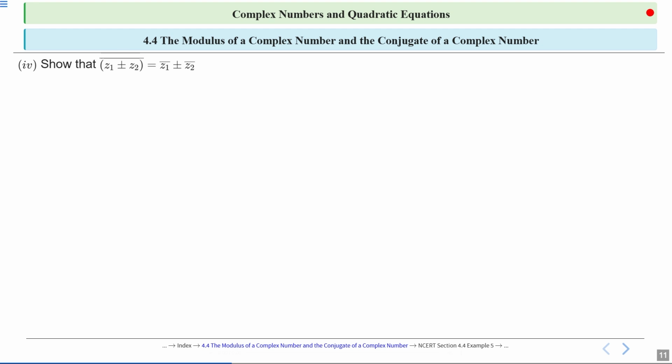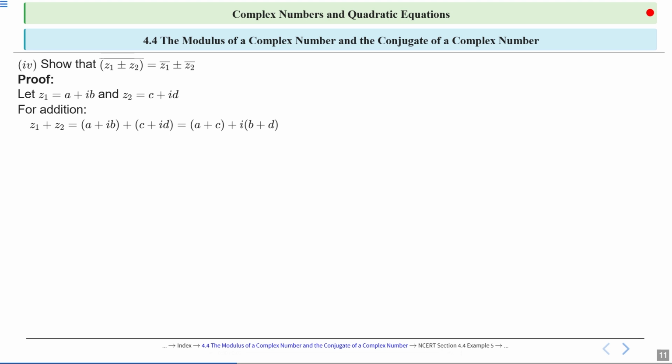We will prove this step by step. First, let's define our two complex numbers. Let z1 equals a plus iota times b and z2 equals c plus iota times d. Here a and c are the real parts of the complex numbers and b and d are the imaginary parts of z1 and z2 respectively.